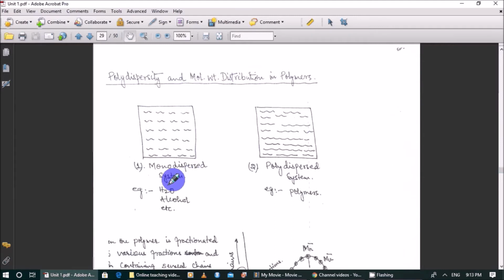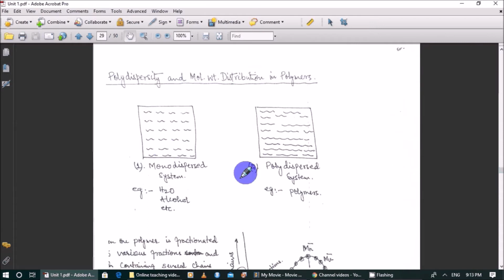Monodisperse system means all the molecules of the system have the same molecular weight, as in case of low molecular weight substances like water, alcohol, etc. So here you can see the molecular weight of each molecule is exactly the same. For example, the molecular weight of water is exactly 18 in case of each and every molecule of water.